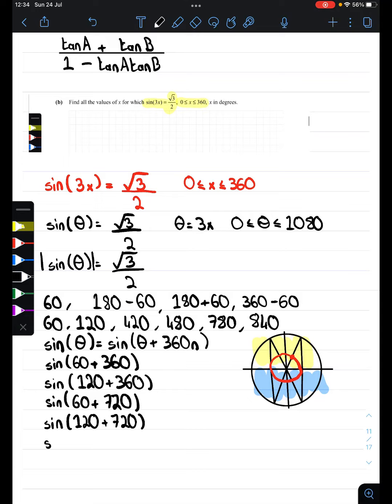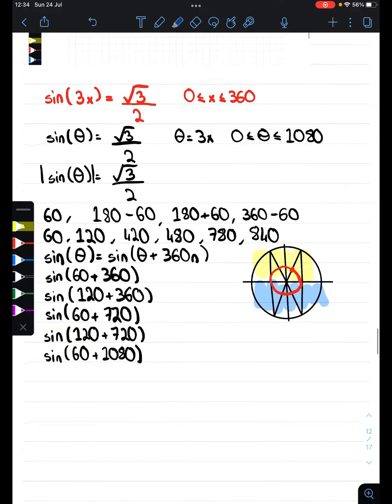And then 60 plus 3 times 360, which is 1080, that will also work, but the angle is too large. It's now not less than 1080. So the answers here that will work are 60, 120, 420, 480, 780, and 840.